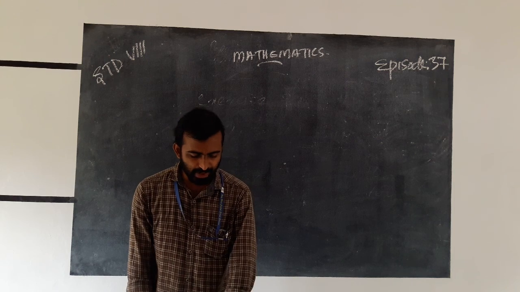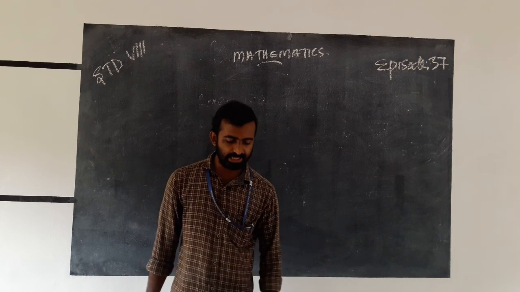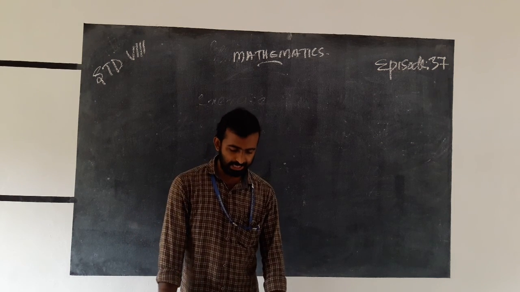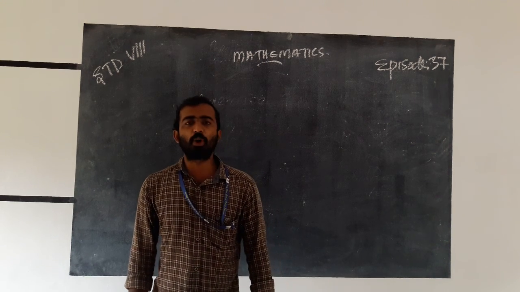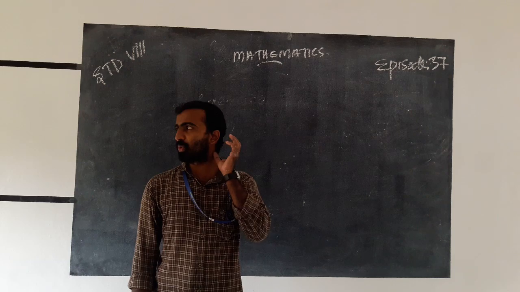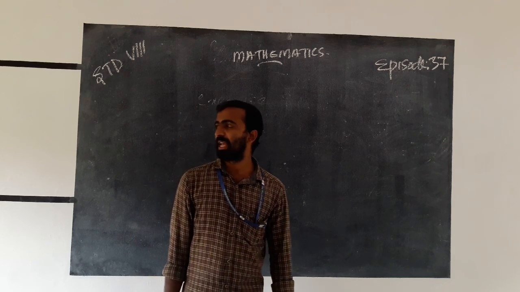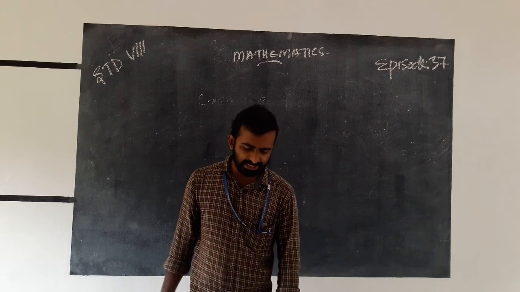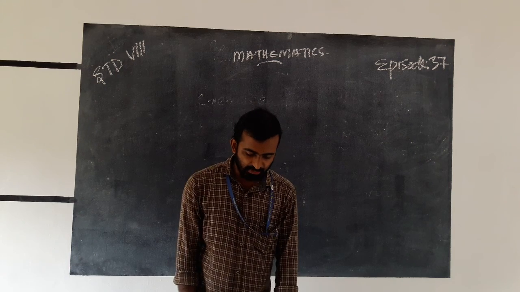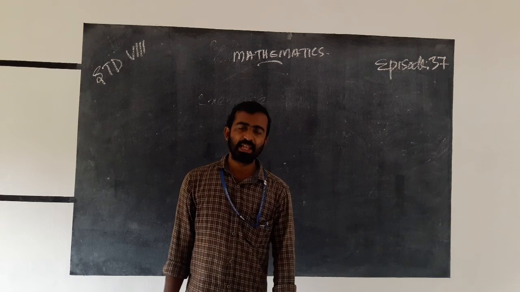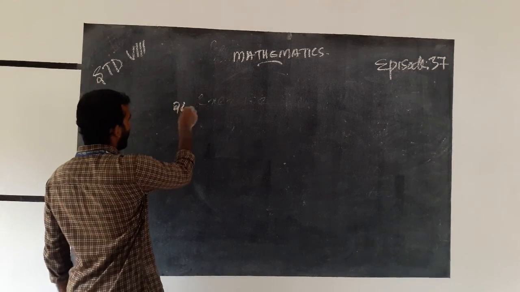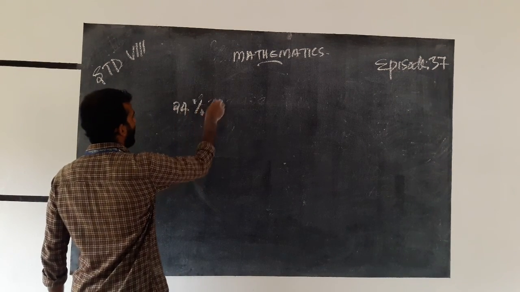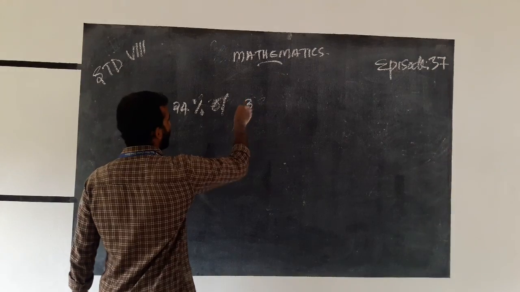It has increased by 20% this year. What is the price now? That is, last year this scooter price was 34,000, and this year the price is increased by 20%. Then which way do we find it? The first method is 20% of 34,000.